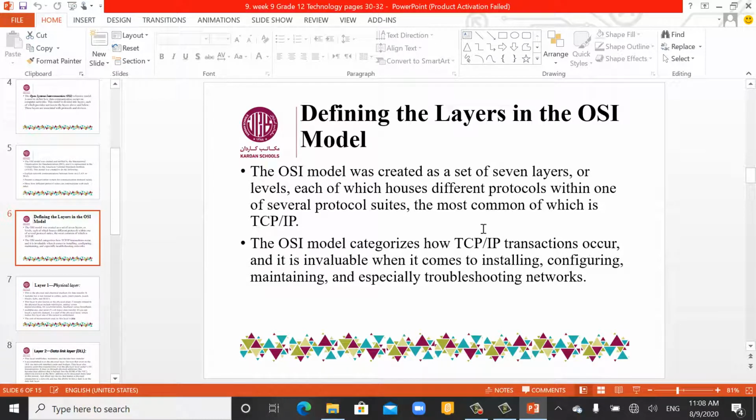Most of the time we hear TCP and IP. You know about the IP, but let's talk a little about the TCP. It is invaluable when it comes to installing, configuring, maintaining, and especially troubleshooting networks. I mean, it's the work of TCP that decides how we install a network, how we configure a network, how we maintain it, and how we troubleshoot the network.